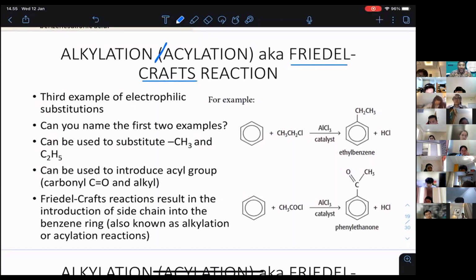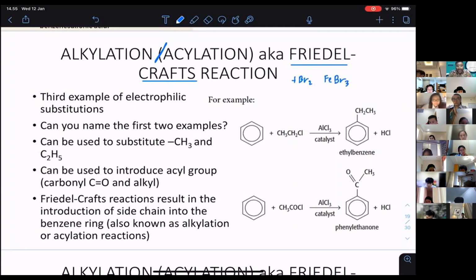If I ask you, can you name the first two examples? The first one is halogenation, the reaction with Br2, for example, with FeBr3 as a catalyst.